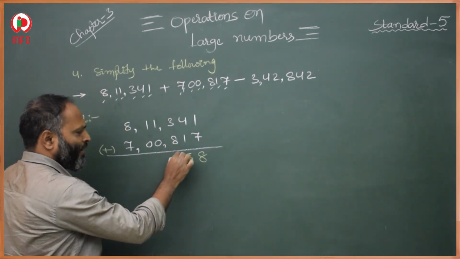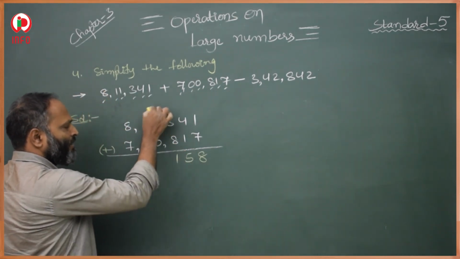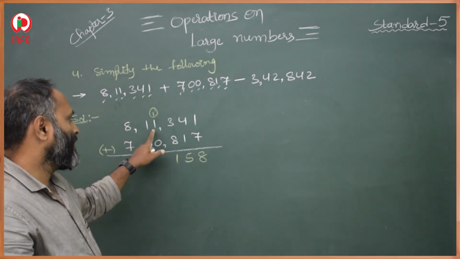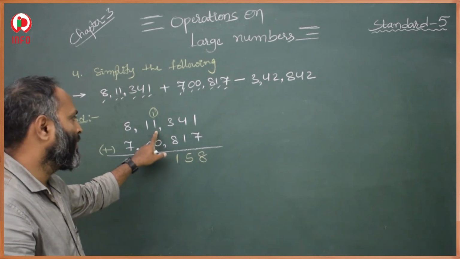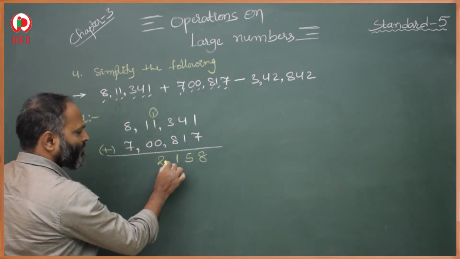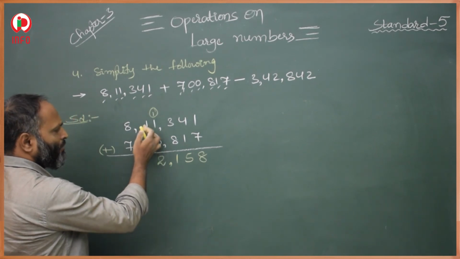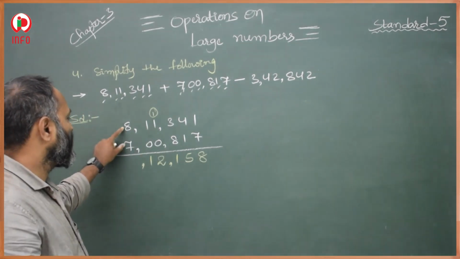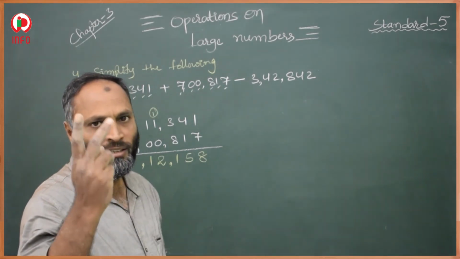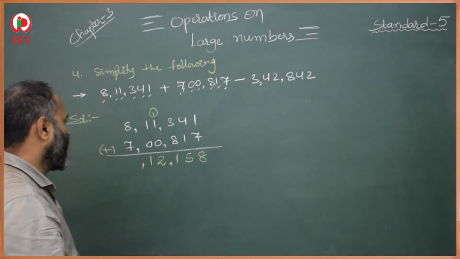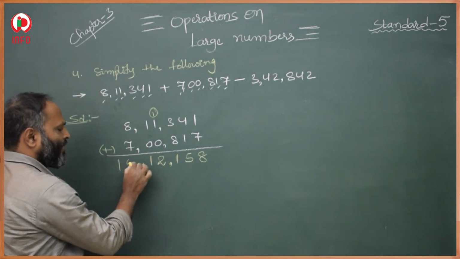So 1 is here and one more 1 goes on top of the next place value, that is the thousands place. 1 plus 1 is 2. And 0 plus 1 is 1. And 8 plus 7: 8, 9, 10, 11, 12, 13, 14, 15. 8 plus 7 is 15.